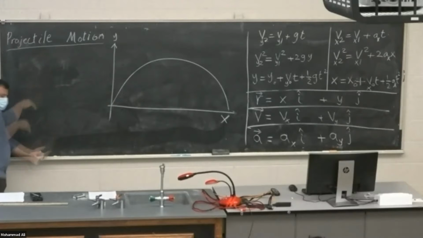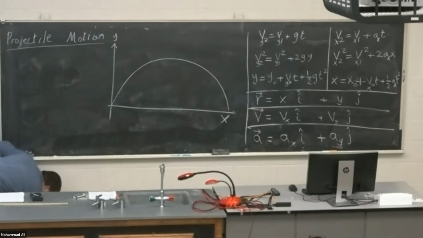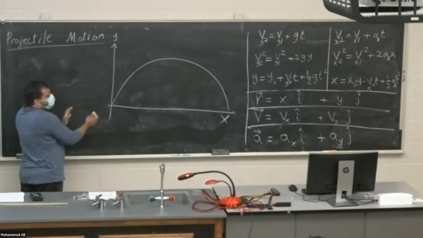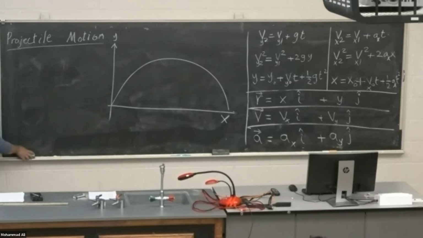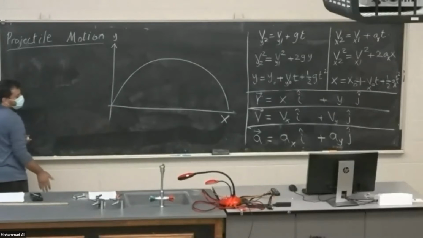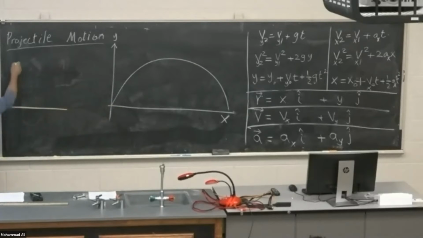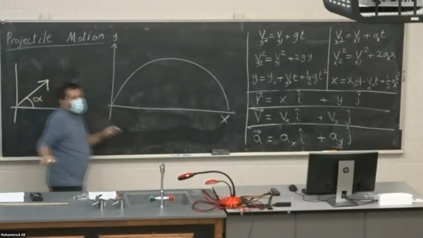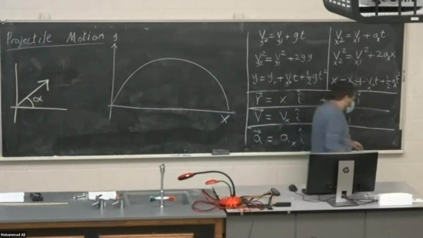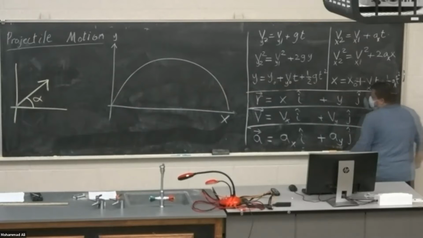But what if I have an angle? When I throw this like this, I have an angle, theta or alpha. You can name it as you like. In the notes, I name it alpha.